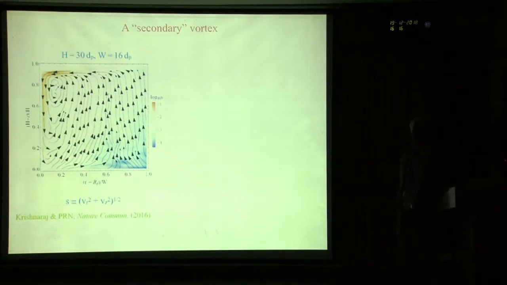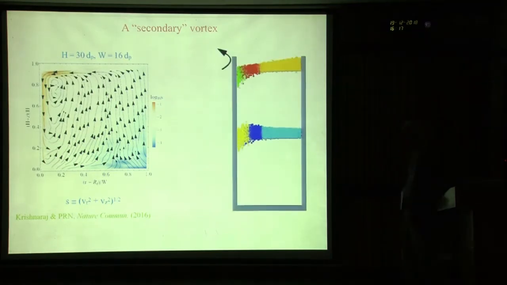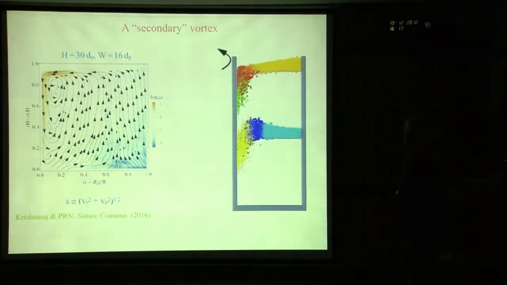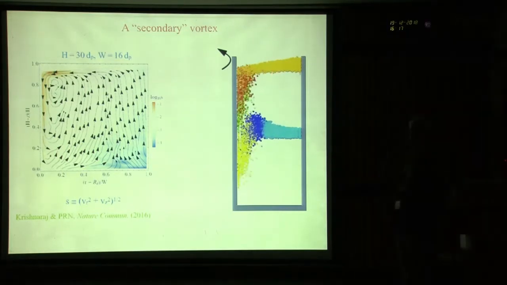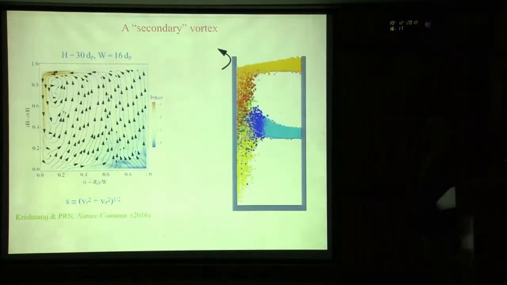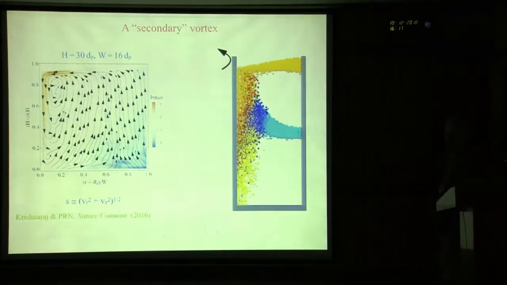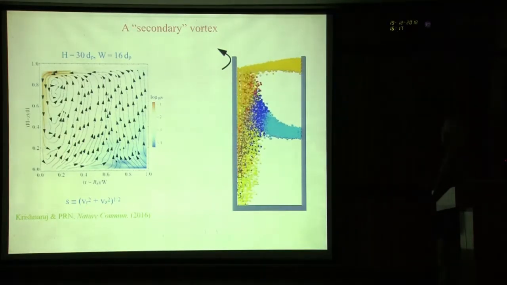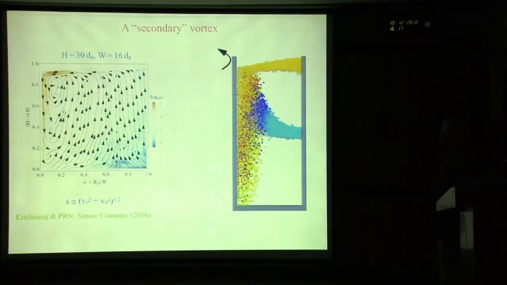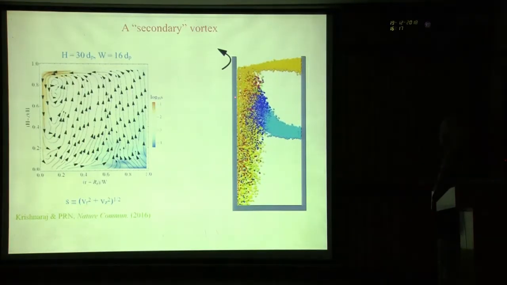Okay, you get a nice single system spanning vortex. That's an animation that shows you the same thing. All the other particles are made transparent, so you only see these two layers, but it's a full system full of particles. You can see that the secondary vortex and all velocity components decay exponentially from the inner cylinder.